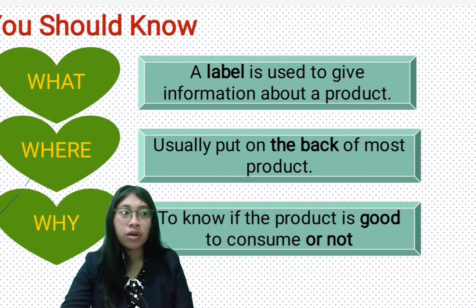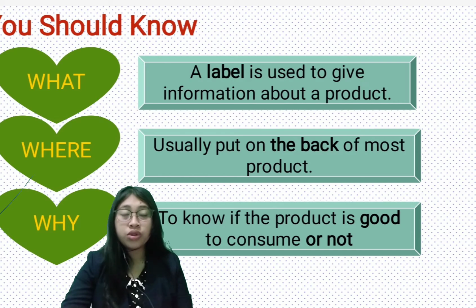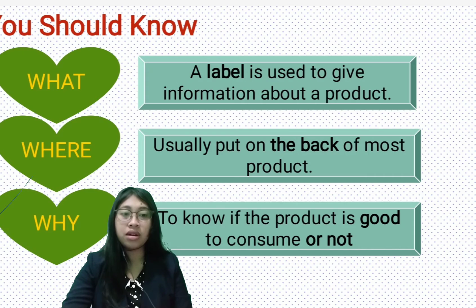Before we go to the main material, I would like you to know what you should know about the labels. The first is what you should know about a label of food, drugs, and drinks. First, a label is used to give information about a product.